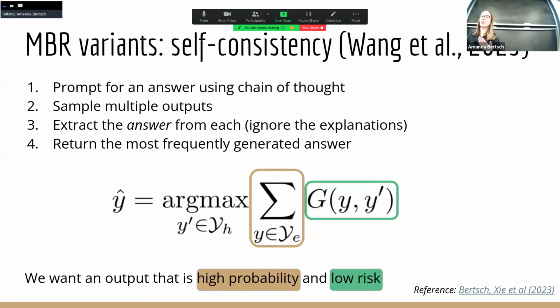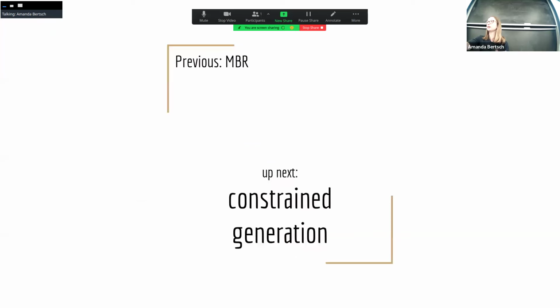So those are a couple of different variants of methods where we're sampling a wide set of sequences and trying to choose the best one. MBR is one type of sequence set re-ranking method. You could do other things to re-rank sets as well, but this is one representative class of these methods.